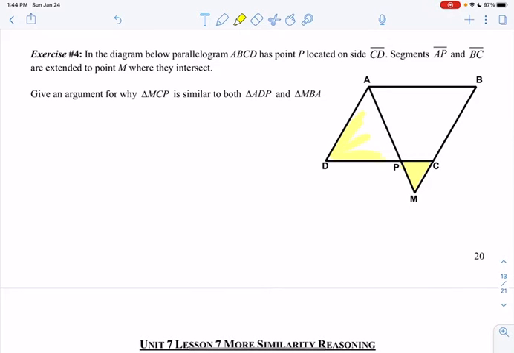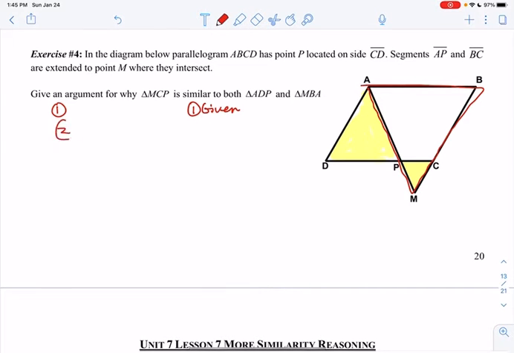So I want to know why it's similar to this one and why it's similar to MBA, which is the whole big one right there. Again, it might just be easier to do a regular proof.